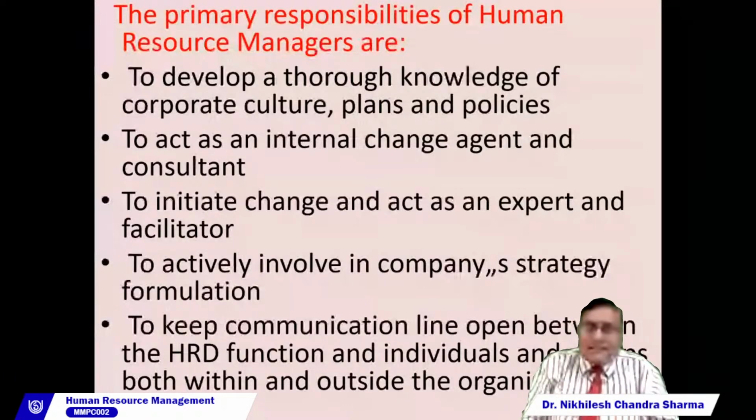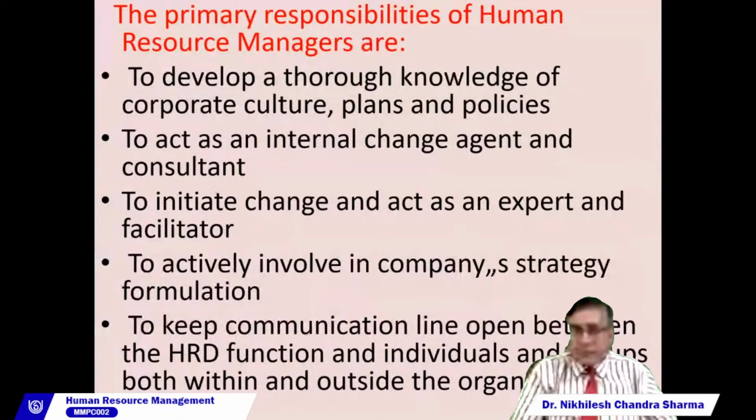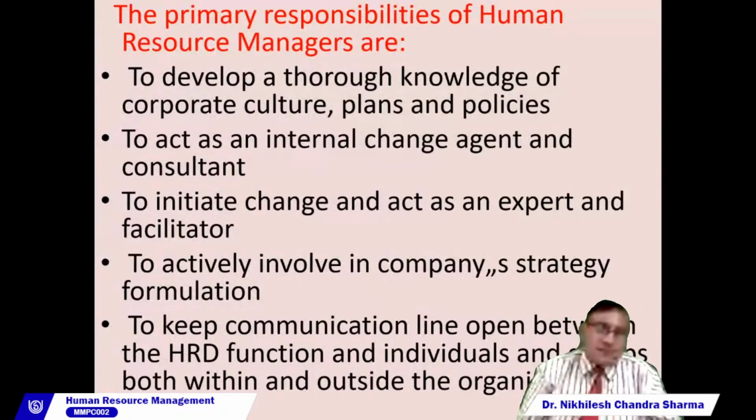They act as an internal change agent and consultant to initiate changes, and act as an expert and facilitator.